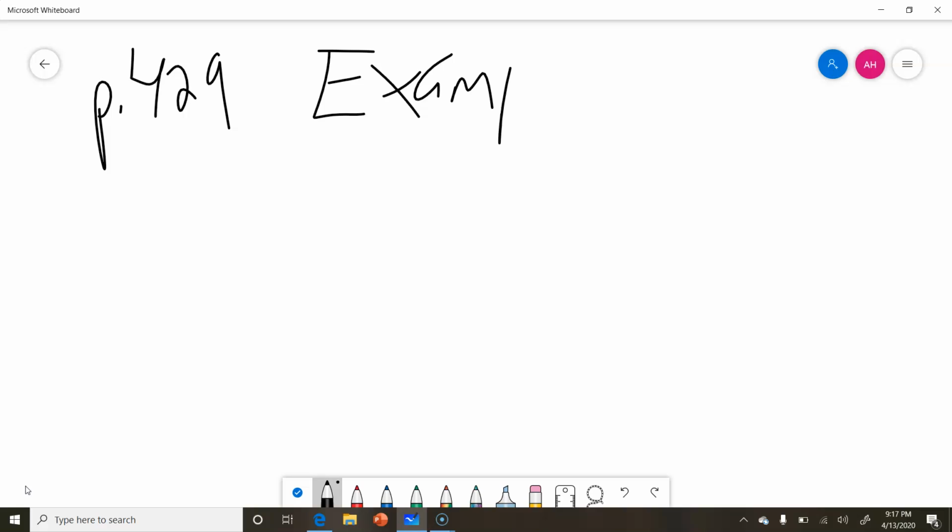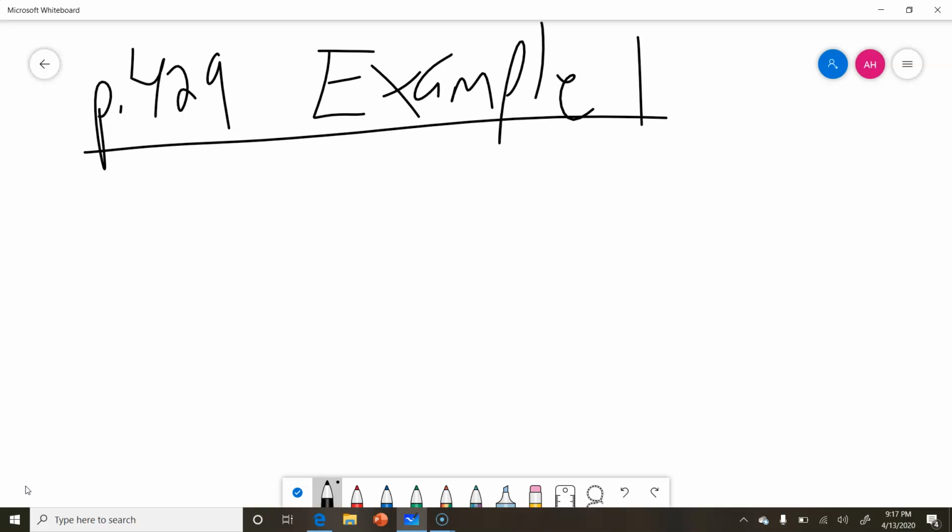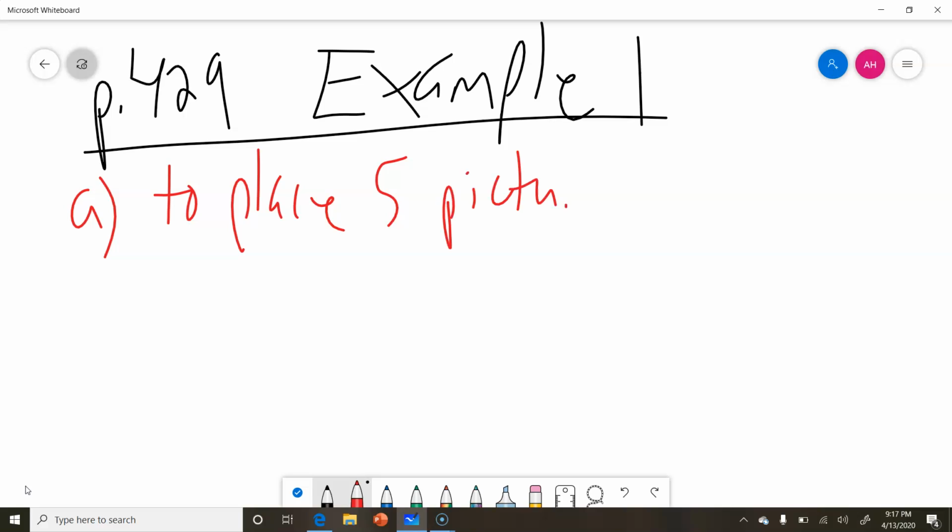The biggest difference here, what I want you to do is to turn to page 429 and look at example 1 with me. You need to pause the video, go ahead and turn to page 429 and look at example 1. If you look at part A, it says the number of ways to place 5 pictures in a line.